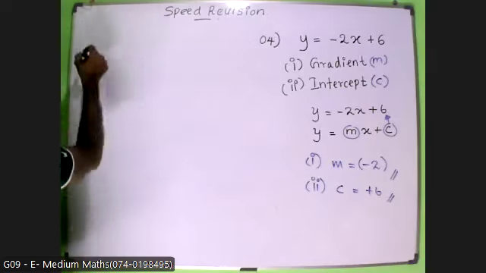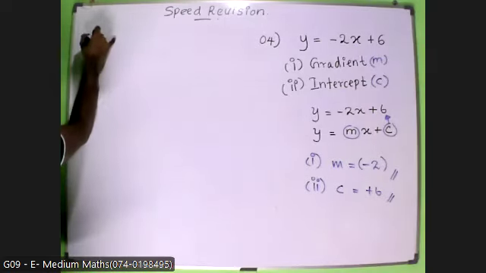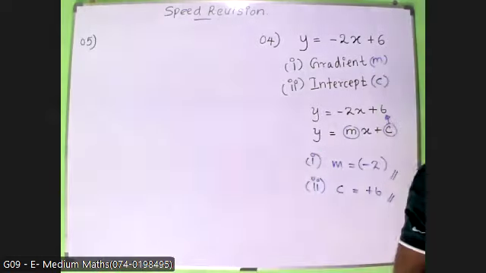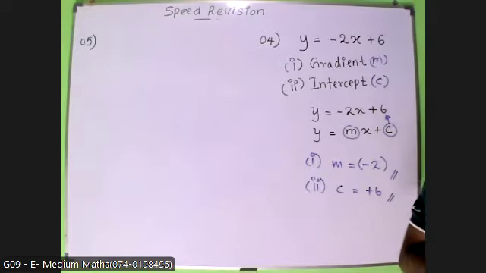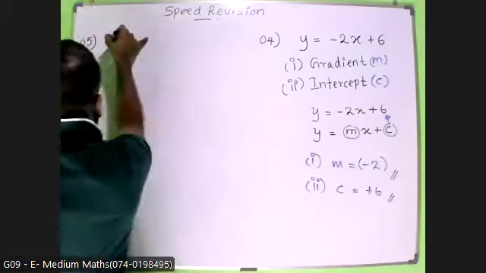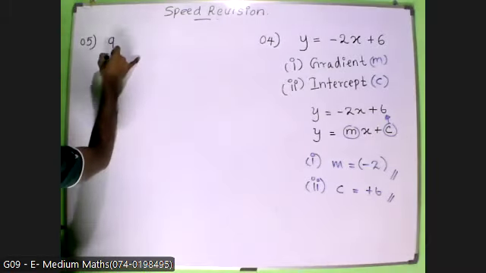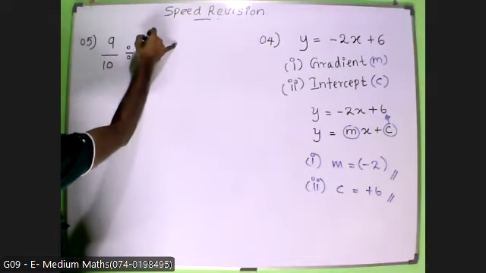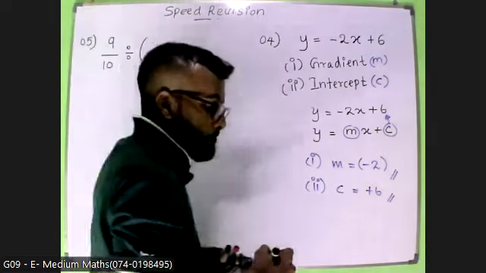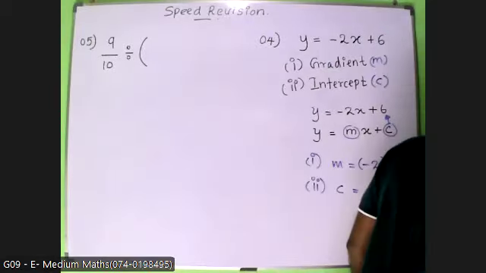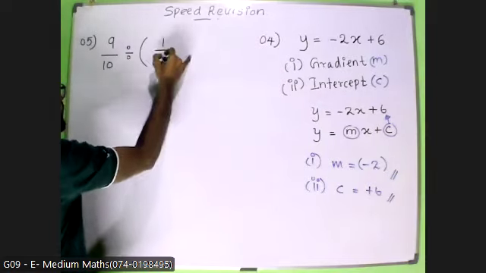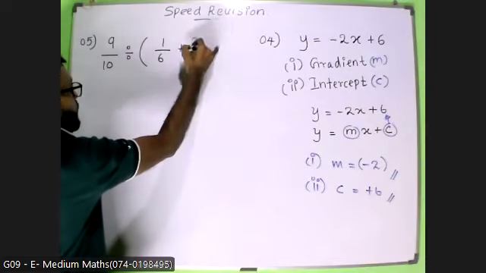Fifth one. 9 upon 10 divided by (1 upon 6 plus 2 upon 3).